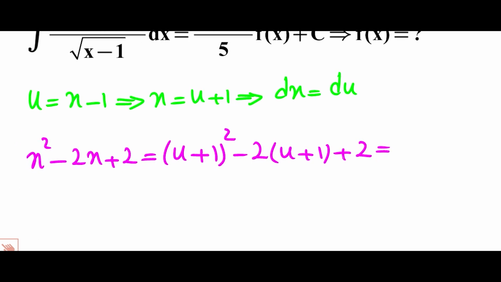So we have (u plus 1) squared equals u squared plus 2u plus 1, minus 2u, minus 2 plus 2.